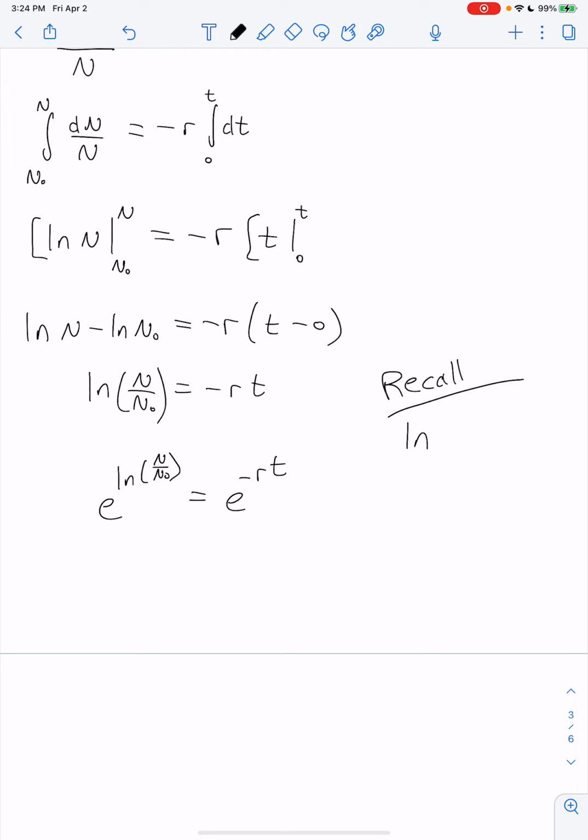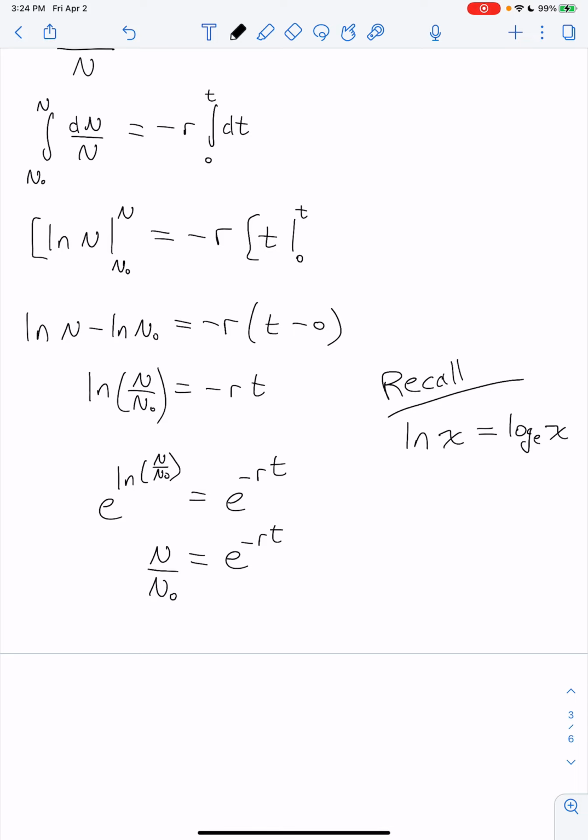So ln x is equal to log base e of x. Since it's really e to the log base e, we can rewrite this as n over n naught is equal to e to the negative rt.